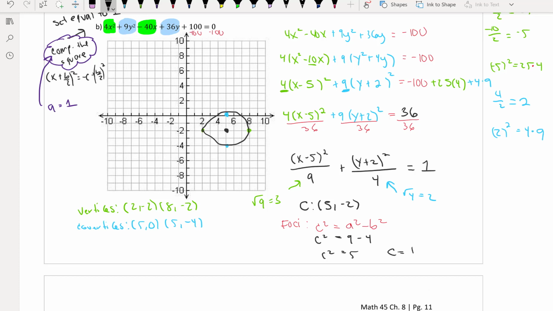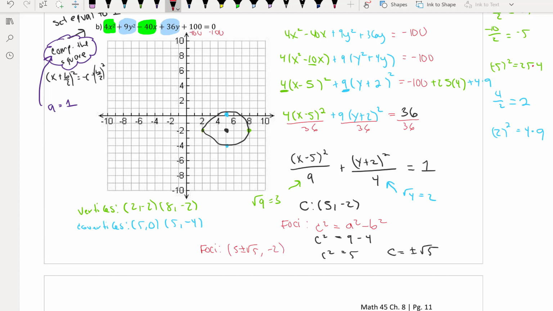So then c is equal to plus and minus the square root of 5. So that tells me that my foci, that ordered pair, is going to be 5 plus or minus the square root of 5, comma, negative 2.